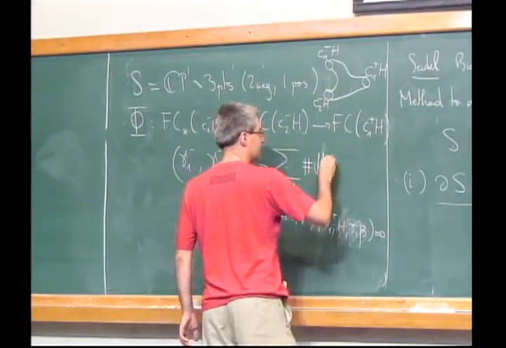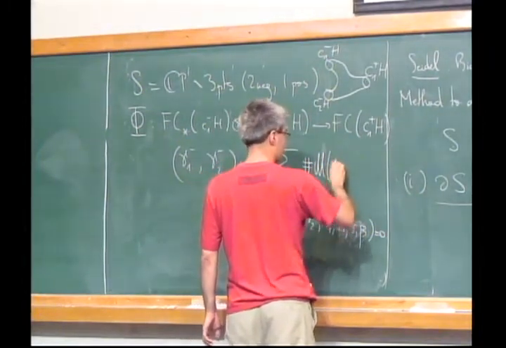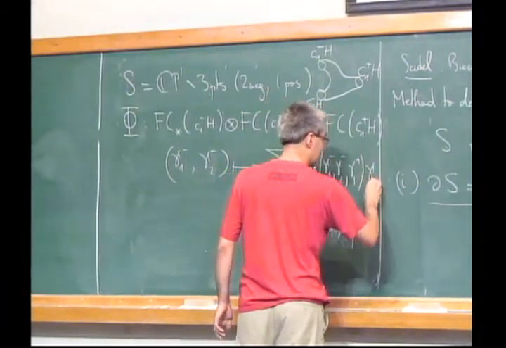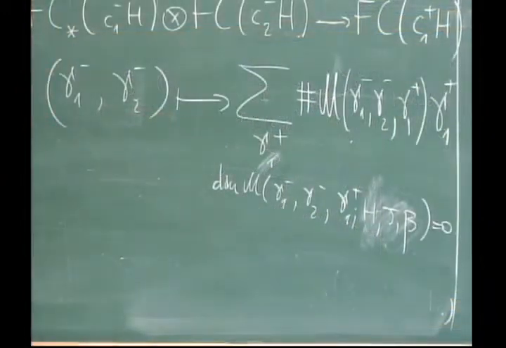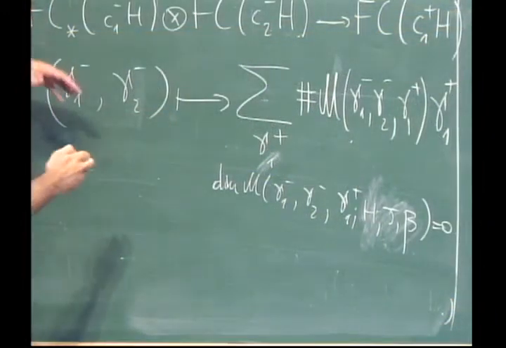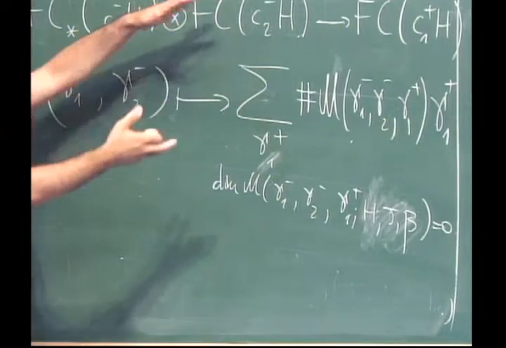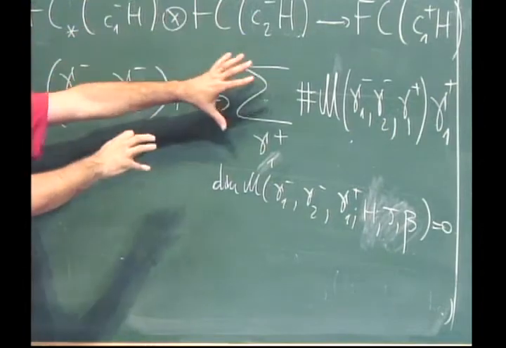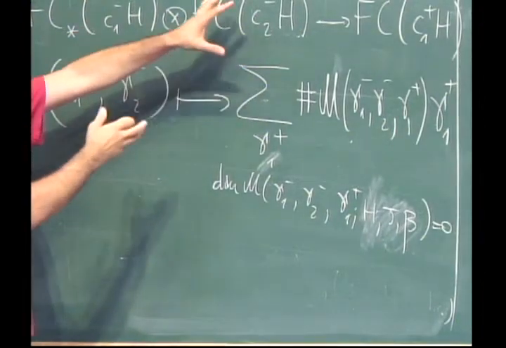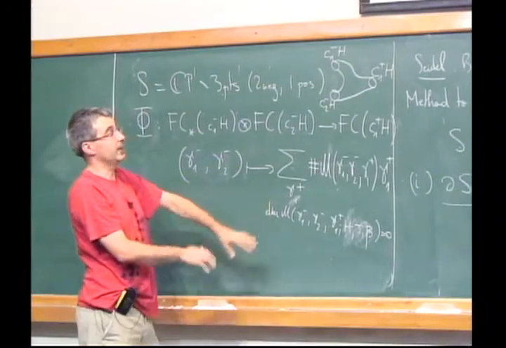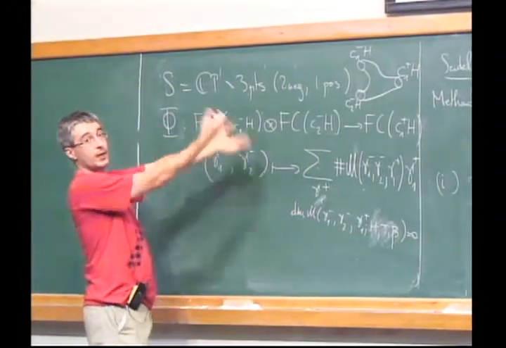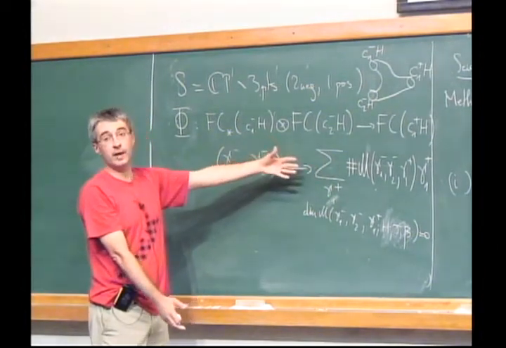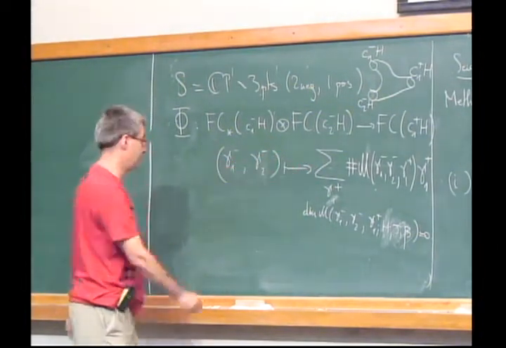Count the number of elements in this moduli space and put as coefficient gamma 1 plus. This is the unfolded version of that picture. That pair of pants defines the product. I can look at some equation, count the elements in the zero-dimensional moduli space, and that is going to give rise to a map which is a chain map.